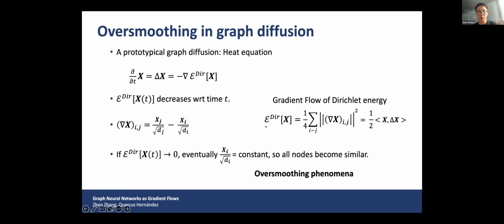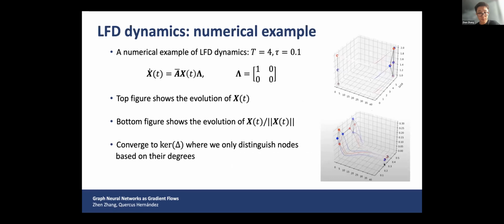What it means is that this gradient value of x will become smaller and smaller. And if it goes to 0, then what will happen is that this x_i over the square root of d_i will become a constant, where d_i is the degree of node i. And what it means is that all nodes become very similar. And this is the oversmoothing phenomenon.